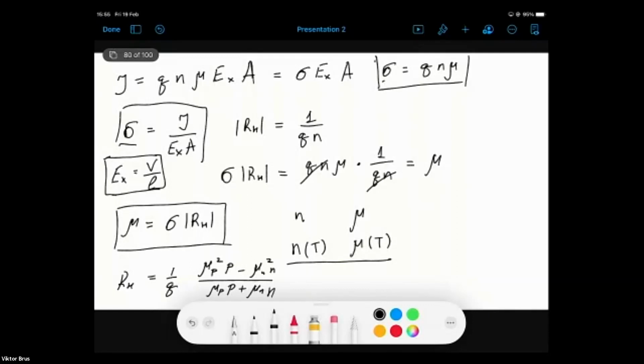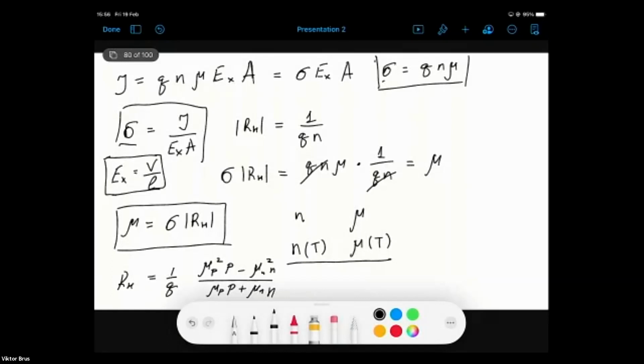So here we have p and n, they stand for concentration of holes and electrons, and mu_p and mu_n stand for mobility of holes and electrons respectively. So in this case, you see that there are actually four unknown parameters in this equation: mu_p, mu_n, p and n.